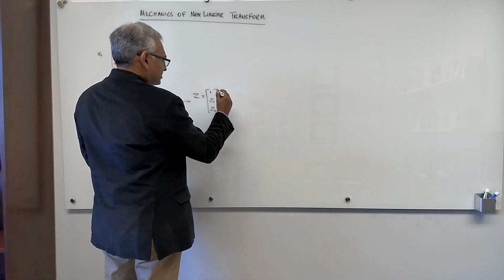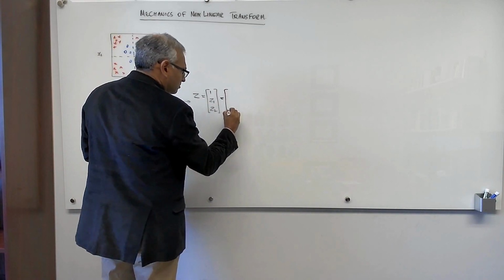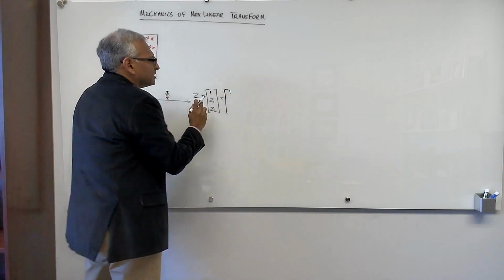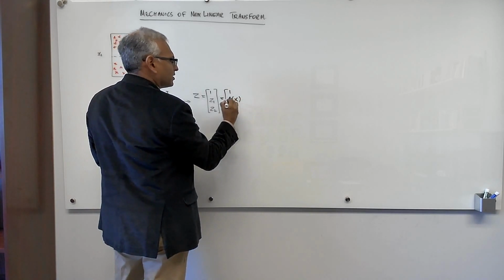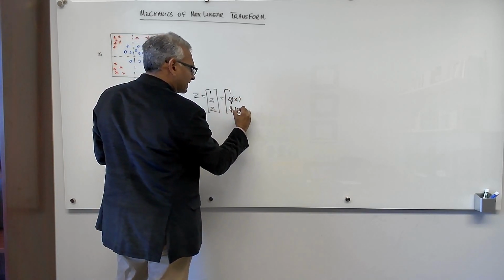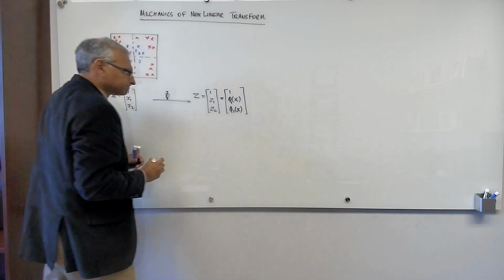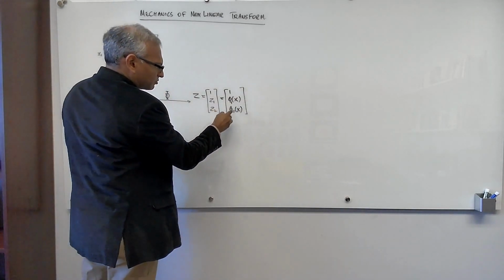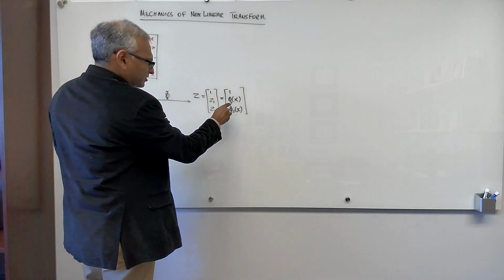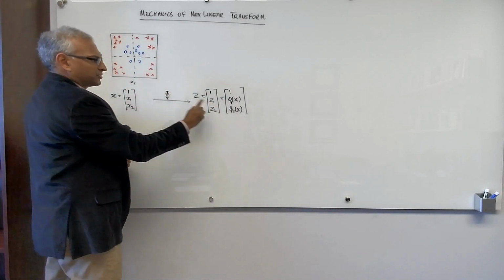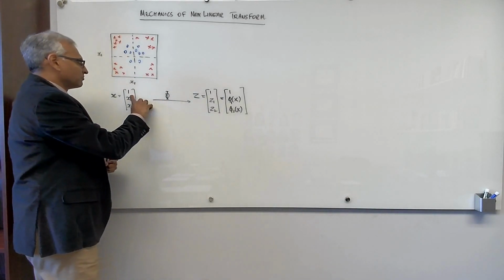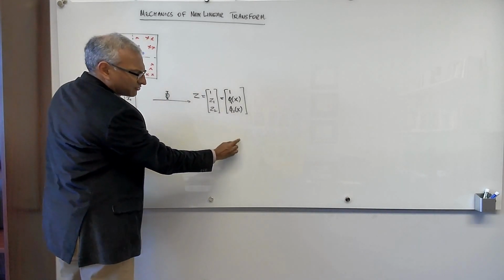So we will say that this is equal to 1, that's the augmented one, and phi 1 of x, phi 2 of x. The transformed feature z1 can involve both x1 and x2. The transformed feature z2 can involve both x1 and x2, and if there's a z3, a z4, and so on.